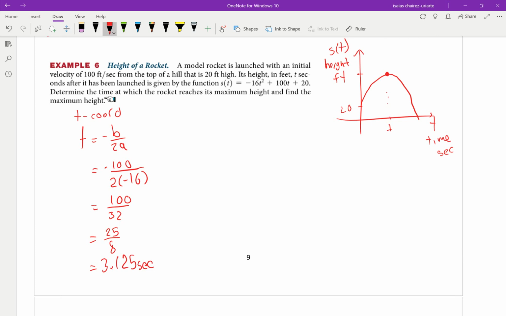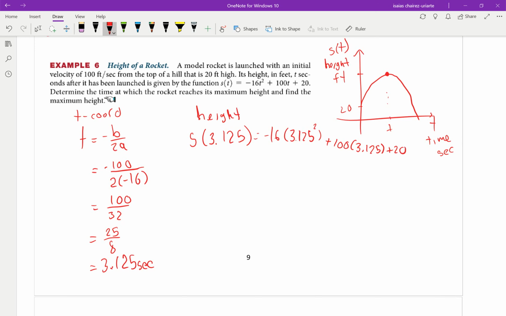Now, in order to find the height, I'm going to have to plug into my function. So I'm going to do s of 3.125, which becomes negative 16 times 3.125 squared plus 100 times 3.125 plus 20.